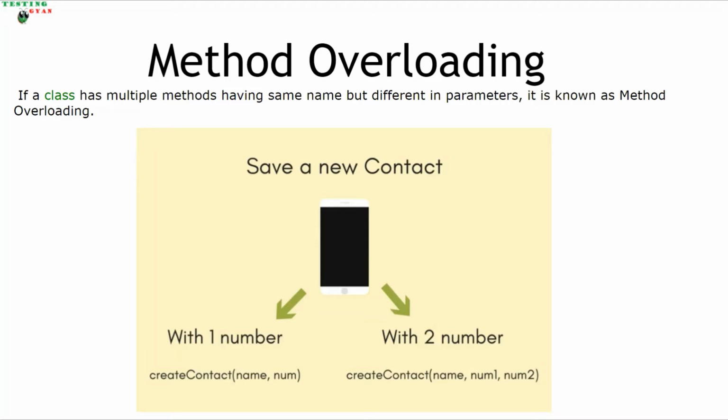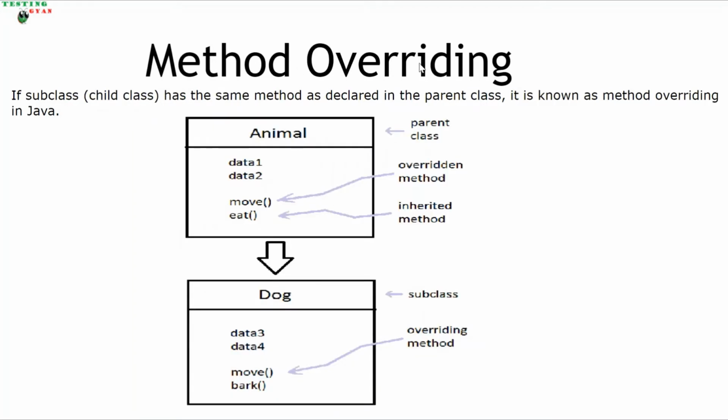Now let's see the other way to achieve polymorphism in Java, that is via method overriding. If a subclass or child class has the same method as declared in the parent class, it is known as method overriding. Let's understand it with an example. Suppose we have an Animal class and one more class, the Dog class, which extends the Animal class.